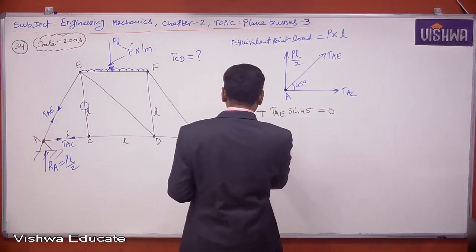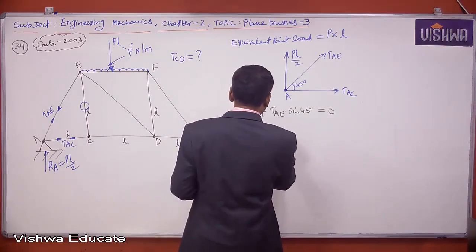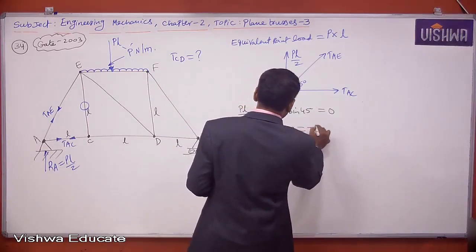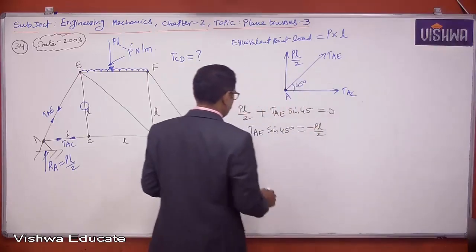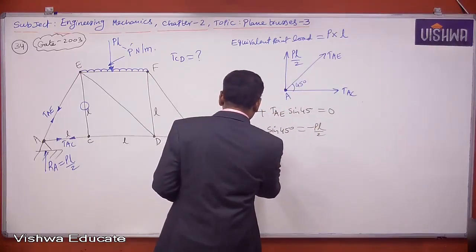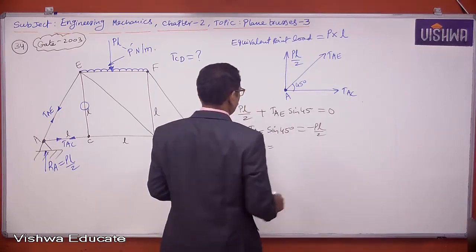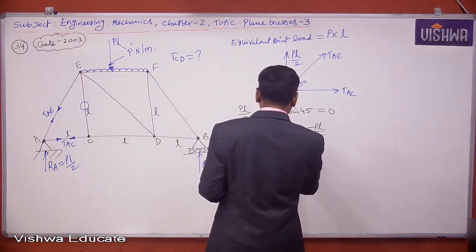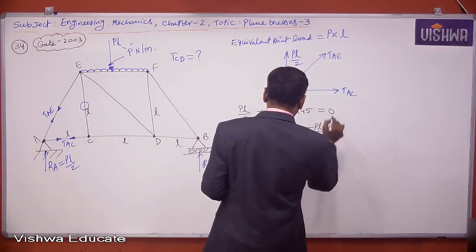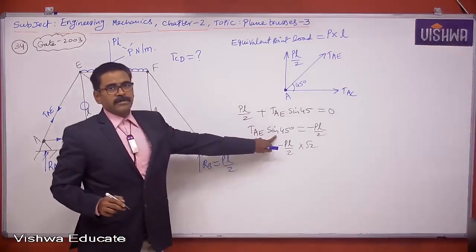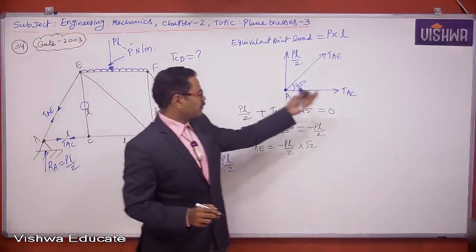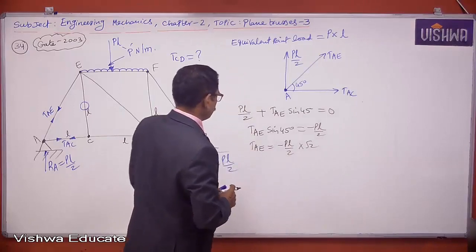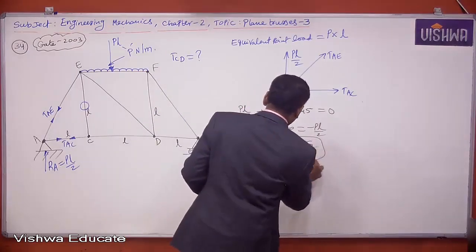So TAE sin 45 is equal to minus PL by 2. And TAE is equal to minus PL by 2 into root 2, since sin 45 means 1 by root 2, and bringing it to the other side gives root 2.